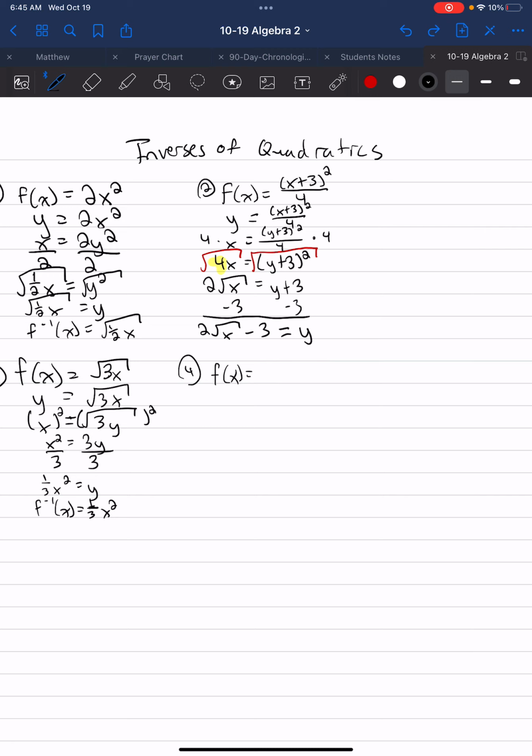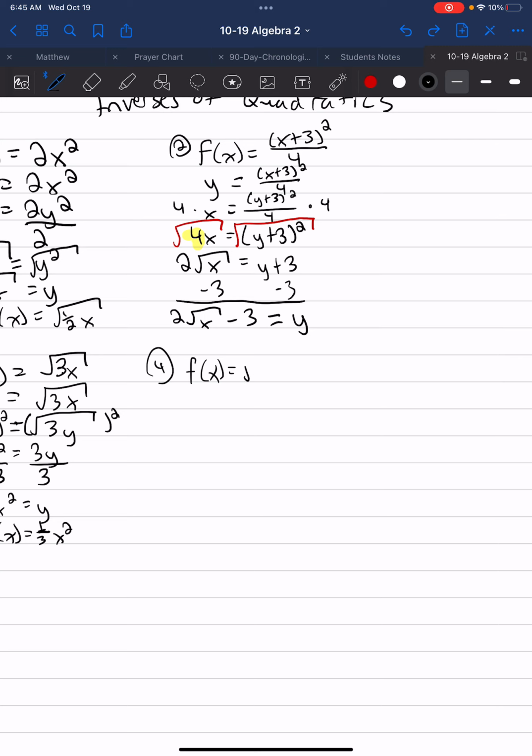Let's see. So here I've got the square root of x over 4 minus 5. So the minus 5 right here is outside of the square root.